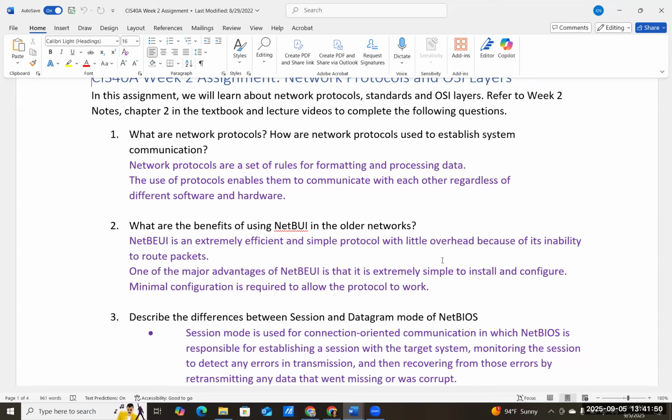So NetBEUI allows you to configure and simplify the process and how it's able to bring, right, data from that system outside to the external networks and from inside. But we streamline this process now with other protocols, right? But it is one of the legacy protocols that's still with us today.